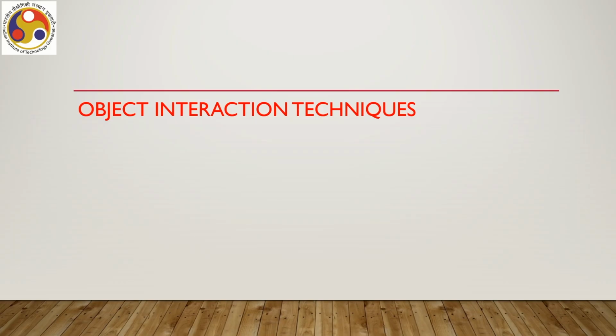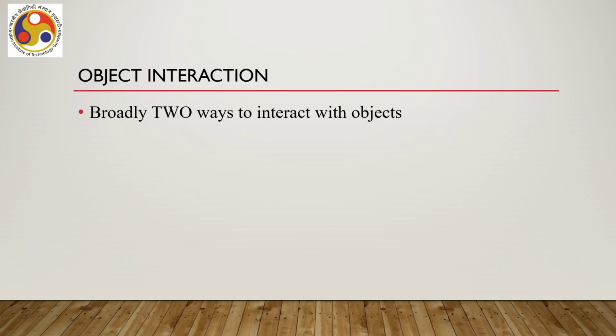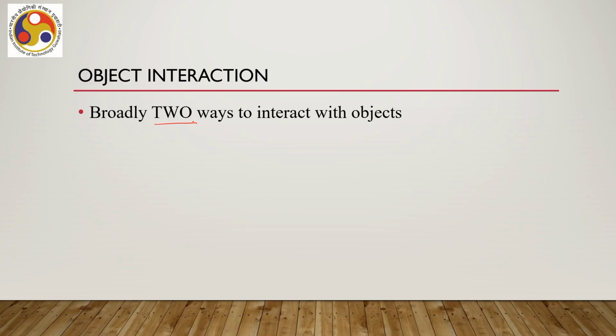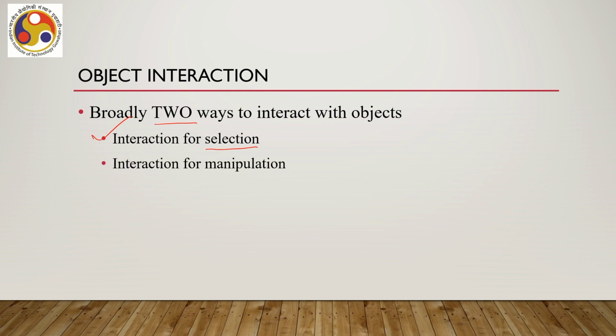So, let us start our discussion with object interaction techniques. Now, object interactions can be broadly of two types. So, there are broadly two ways to interact with objects. One is interaction for selection. So, here what happens is that we select the object with which we want to interact, and second part is the manipulation, interaction for manipulation.